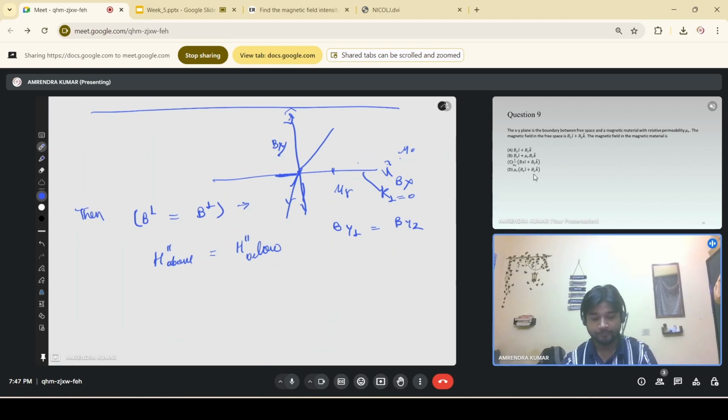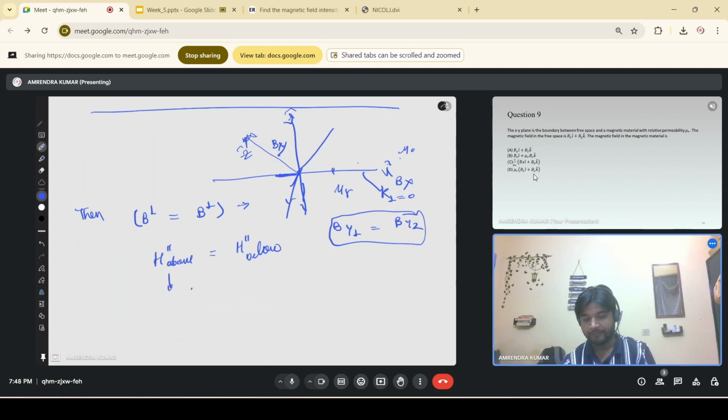The k cap is also parallel to the boundary, it's not perpendicular, so it's lying on the plane. So only B_y is perpendicular, and the others are parallel.